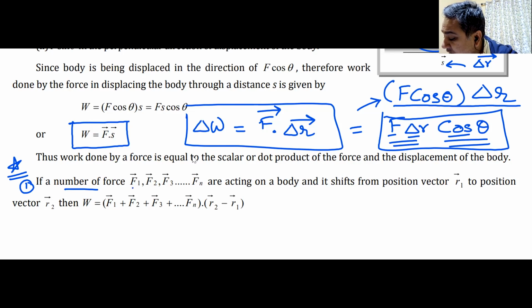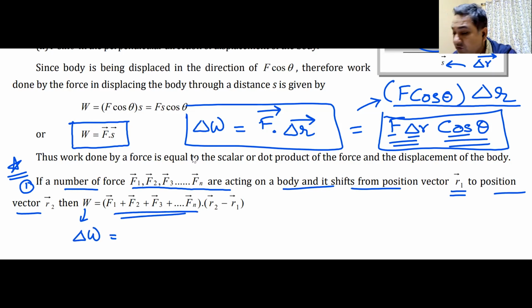If a number of forces F1, F2, F3, Fn are acting on a body and shift the body from initial position vector R1 to final position vector R2, then the work done, which I have written as delta W, will be the net force, F1 plus F2 plus F3 and so on, dot R2 minus R1. Remember, R2 minus R1 is the change in position vector, and the change in position vector is simply the displacement vector. Do we understand this?